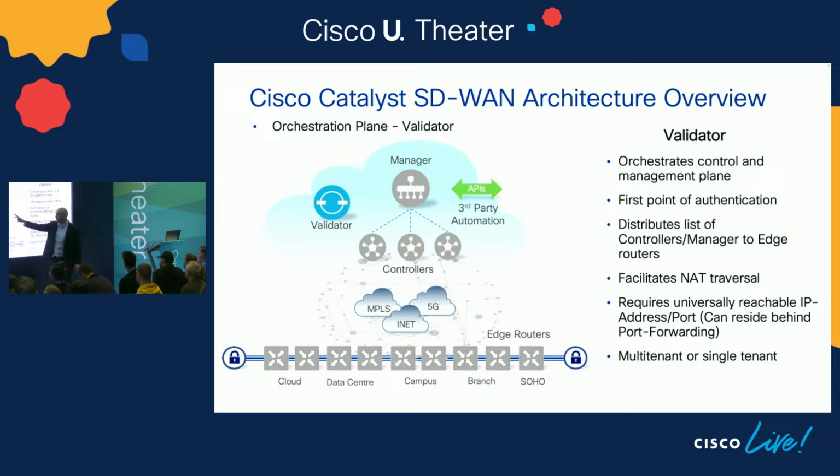And by the way, these are all virtual machines, right, servers that you can run. There's also a managed version of this that you can purchase from Cisco. So it's the first point of authentication and distributes the list of controllers and managers to these edge routers. The edge routers will get the information on which manager to connect to from the validator, right?